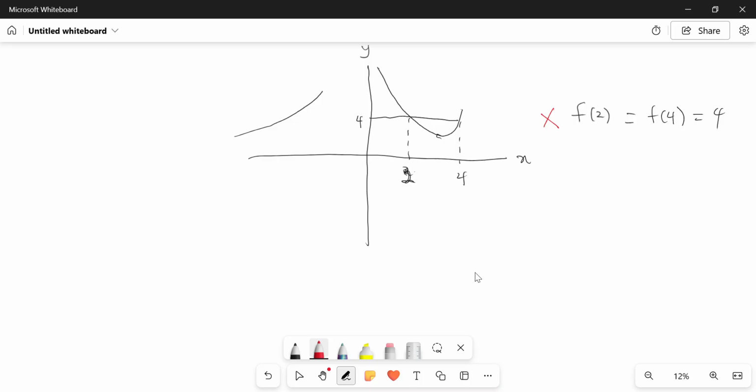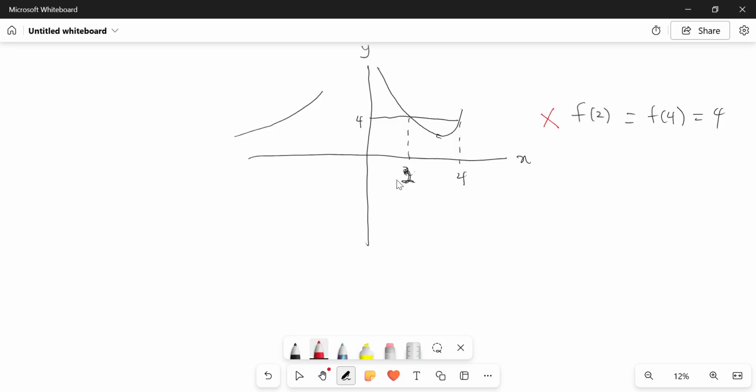We just draw a horizontal line on our graph. Now, once the line cuts more than one point of the function, then we can conclude that the function we have is not a one-to-one function. Do we get it? This is just the application part so that we use this same concept in solving our solution. Please, do we get it?